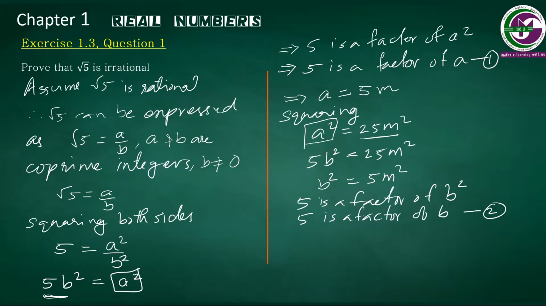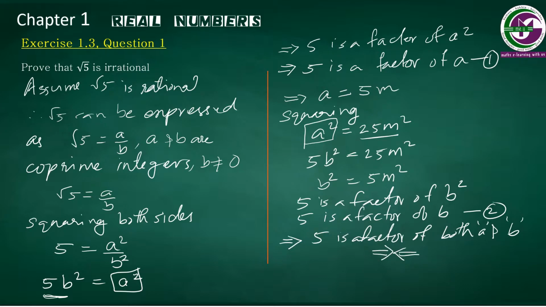From 1 and 2, 5 is a factor of both a and b. That means 5 is a common factor, which contradicts our first statement that a and b are coprime.